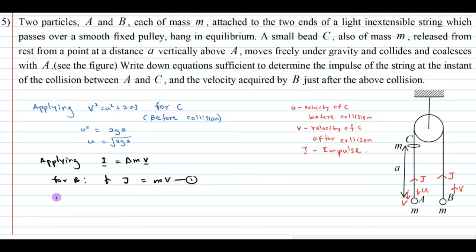For A and C, downward vertically, minus J is equal to m plus m times V minus mu. That is, minus J is equal to 2mv minus m root 2gh.